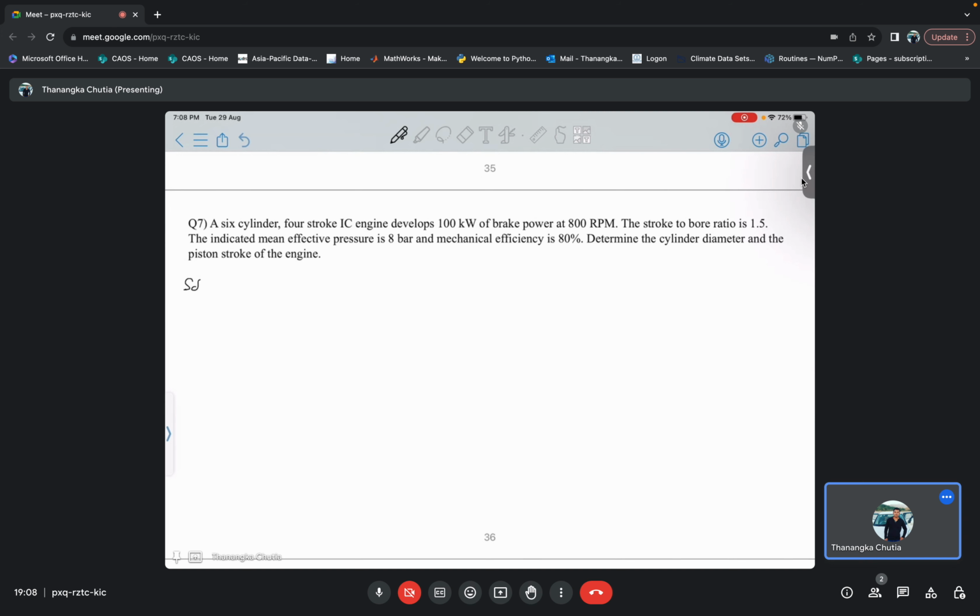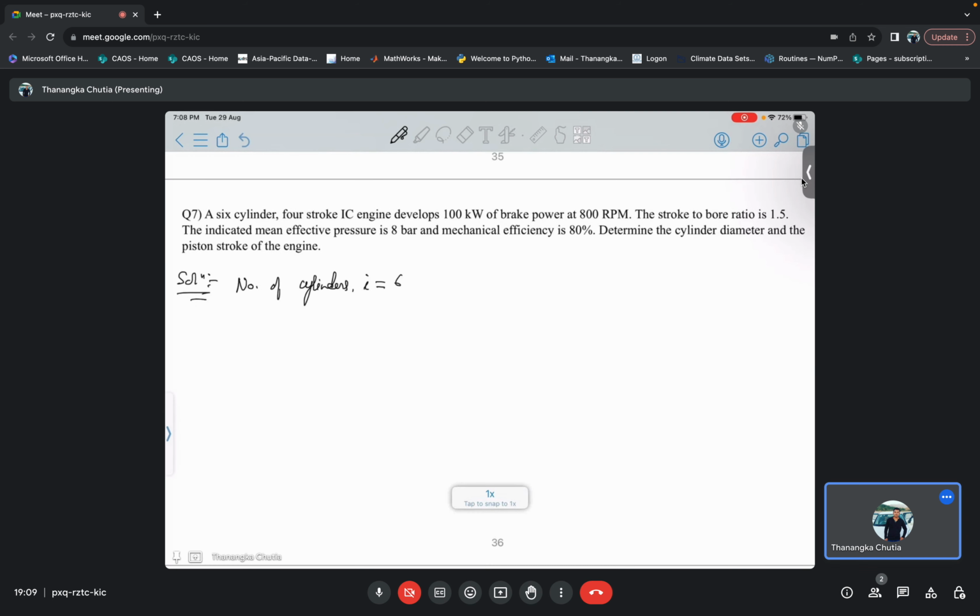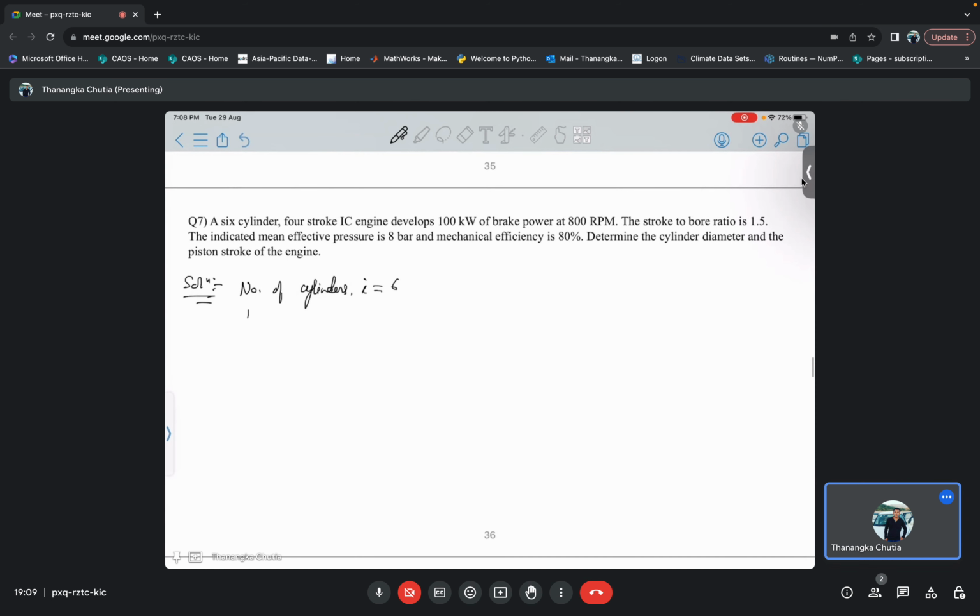Okay, so number of cylinders I is equal to 6. It's a 4-stroke engine. N is equal to 800 rpm, which is given.